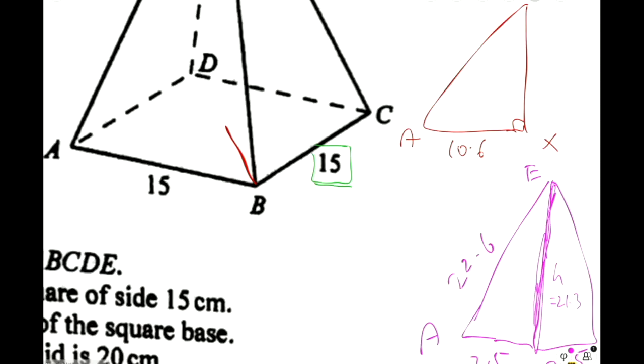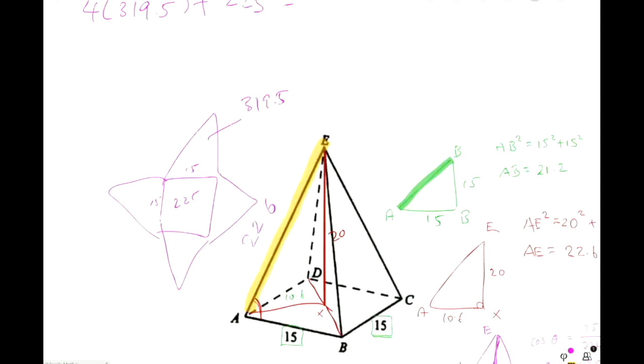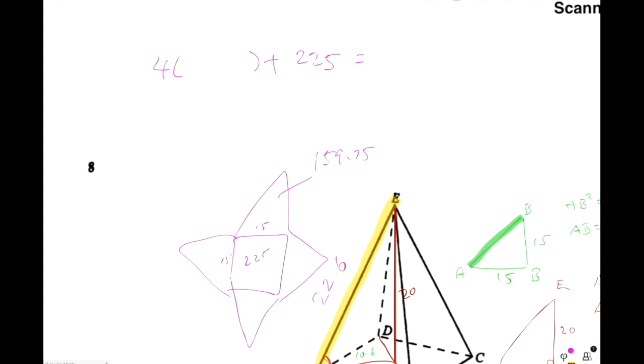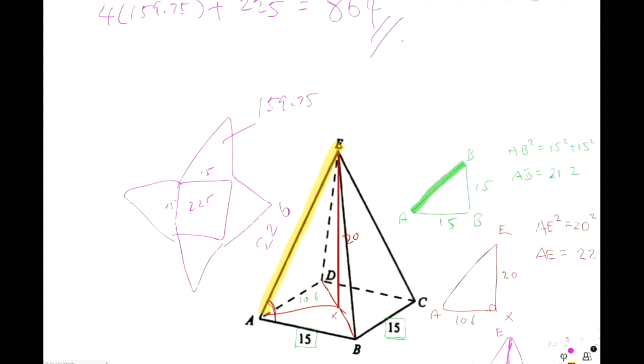So each one of them... Alright, so we got 864, right? And that is correct. And that would be 3 more marks. Okay? Fine.